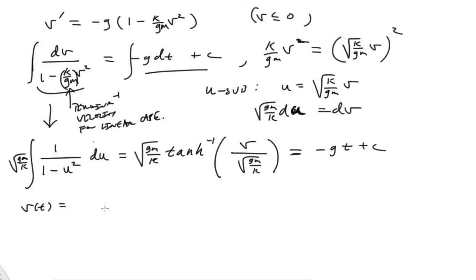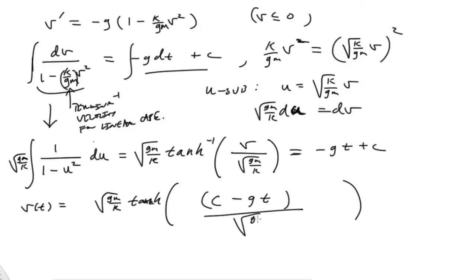V of t is going to be equal to root gm over k, times hyperbolic tangent of c minus g t, and then divided by root gm over k. Okay, so that's our v of t.